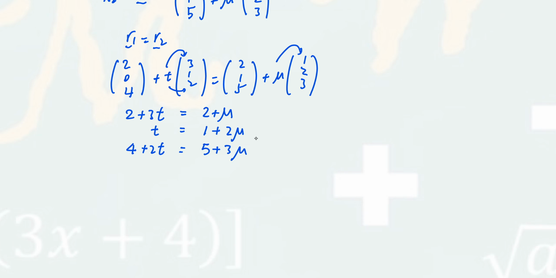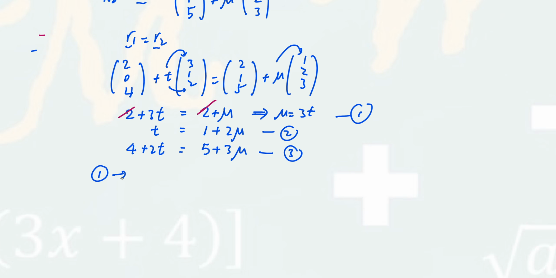Okay, so now probably from the first one, I will get my mu as the subject because the 2 can be cancelled off. So I will be getting mu equals 3t. This is my first equation. Alright, and then my second equation and my third equation, I just leave the rest. So now I use the first two equations to solve for the unknowns.